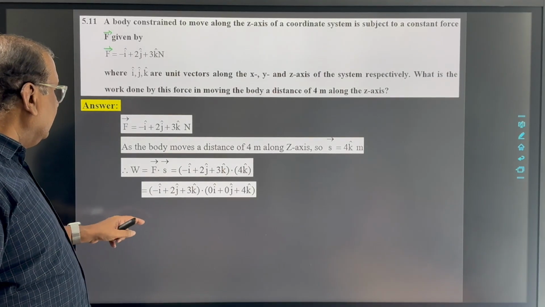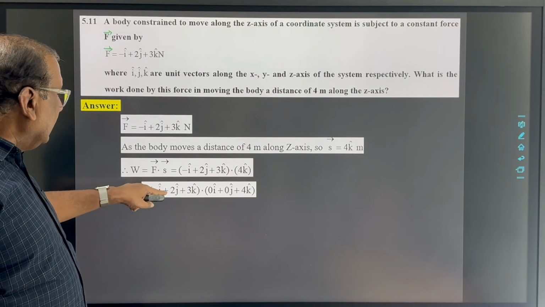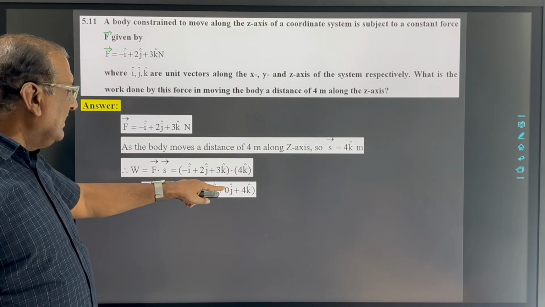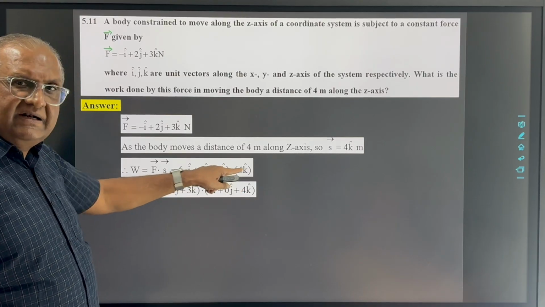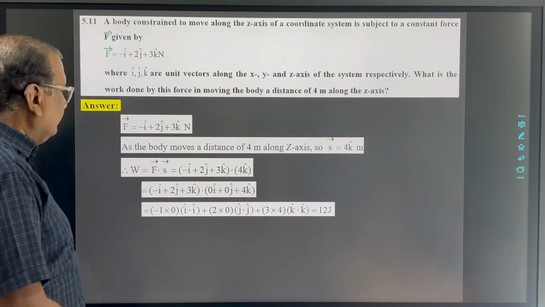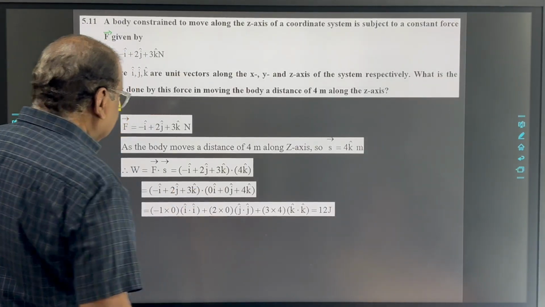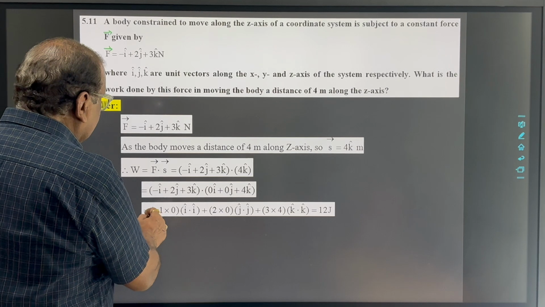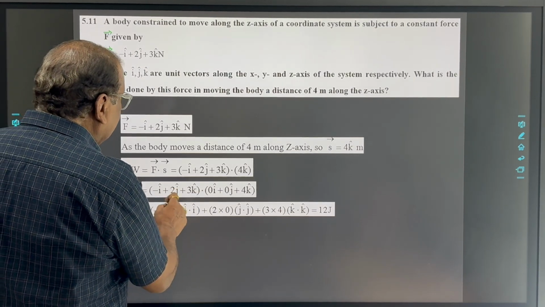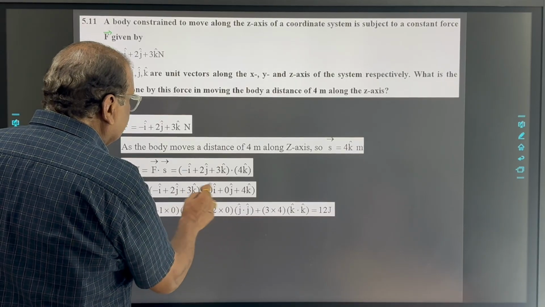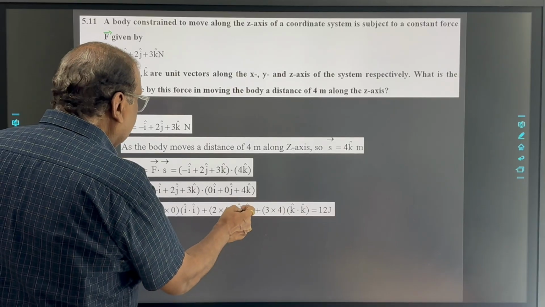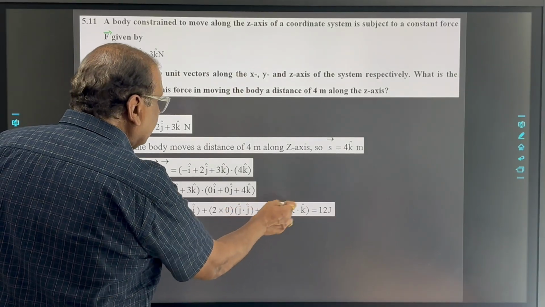So we can write minus i caret plus 2j caret plus 3k caret dot 0 i caret plus 0 j caret plus 4k caret. Now simply if you write this down, then minus 1 into 0 i dot i, then 2 into 0 j dot j, then 3 into 4 k dot k.